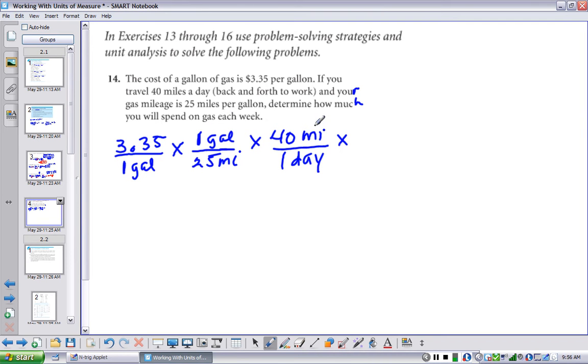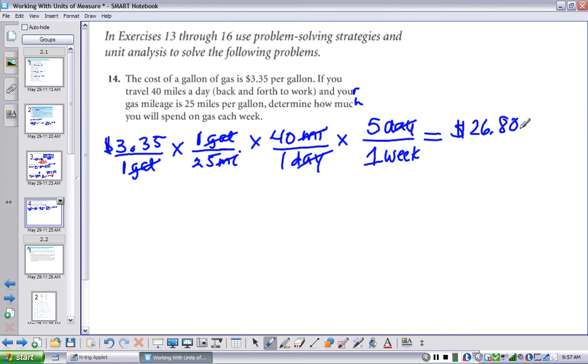We want to know how much you will spend on gas each week. So we need to cancel out these miles, and we need to cancel our gallons out. But we need to change this from a day to a week. And here they assume that 5 days equals 1 week. So what we have is $3.35 times 1 times 40 times 5, all divided by 25, which gives us $26.80 per week.